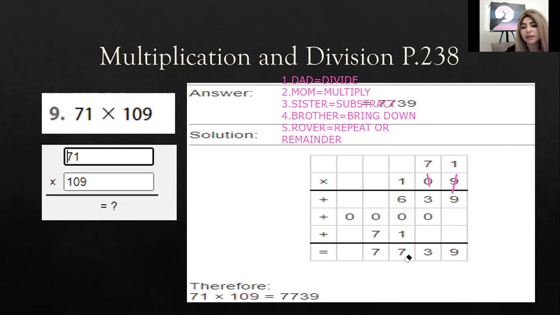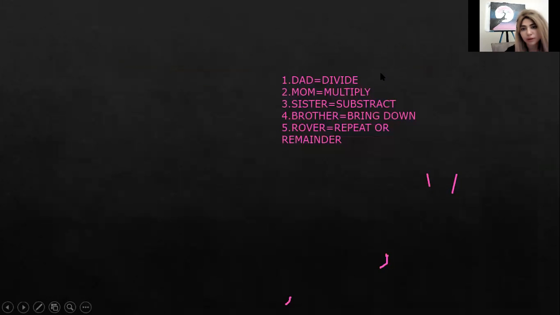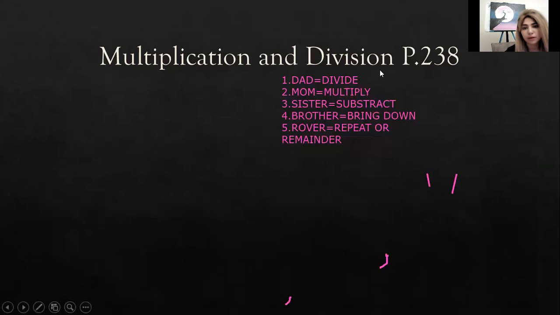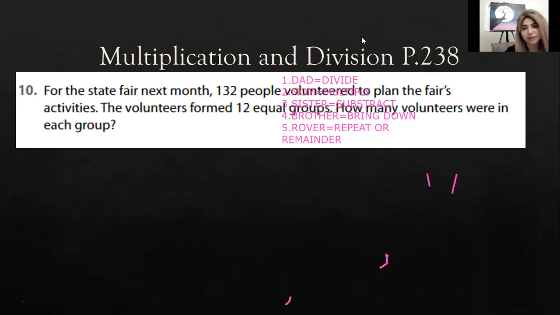It will be 7,739. Of course, don't forget to write the comma. Okay, so it is 7,739. Okay, let me delete it. Okay, I will delete it now.